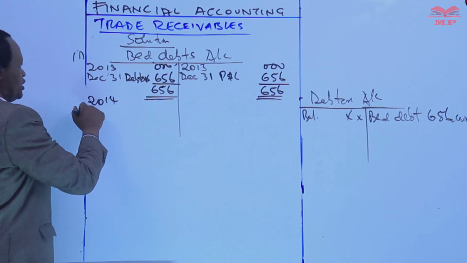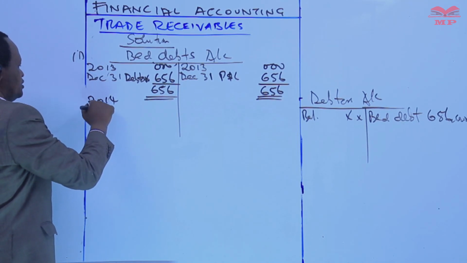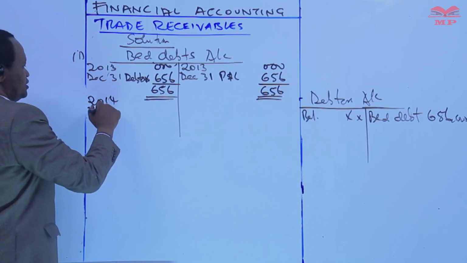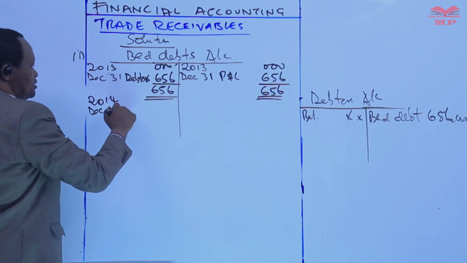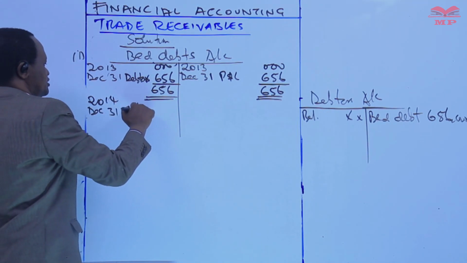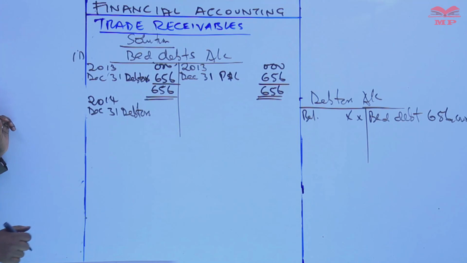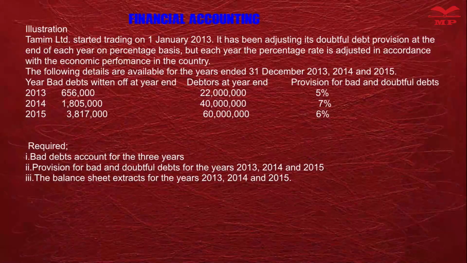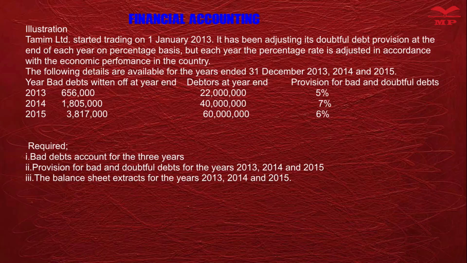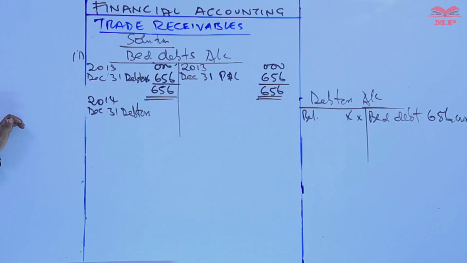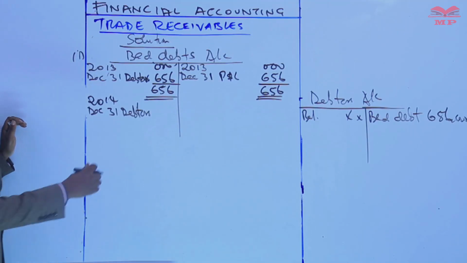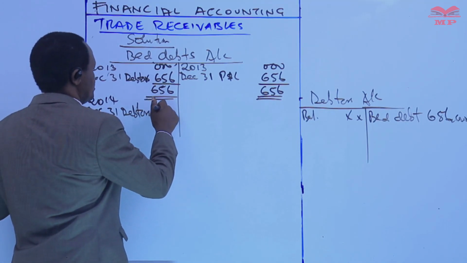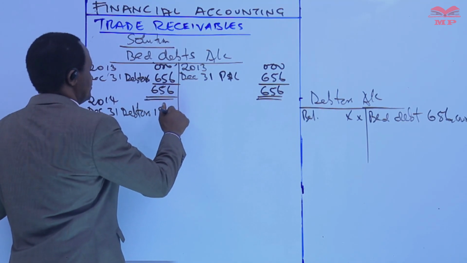In 2014, there was also a bad debt written off. So we debit this account, December 31, debtors. What was the amount? From the information there, it is 1,805,000.